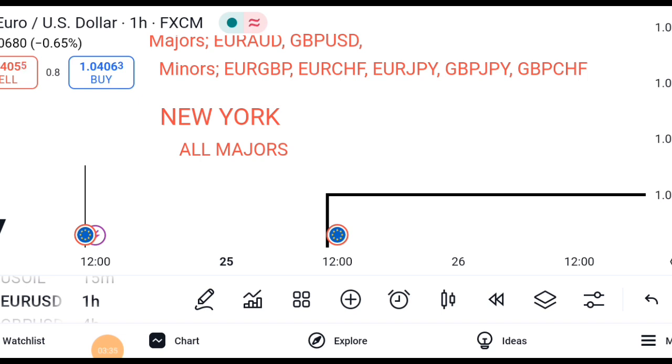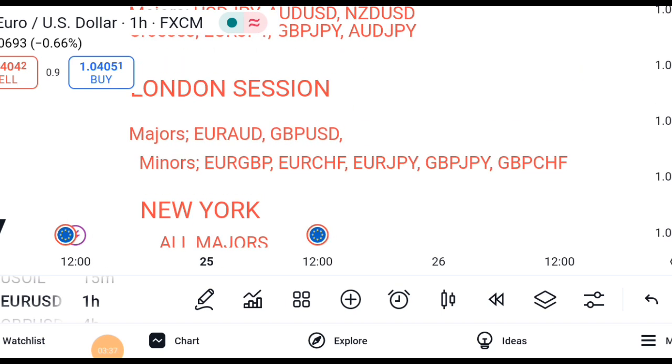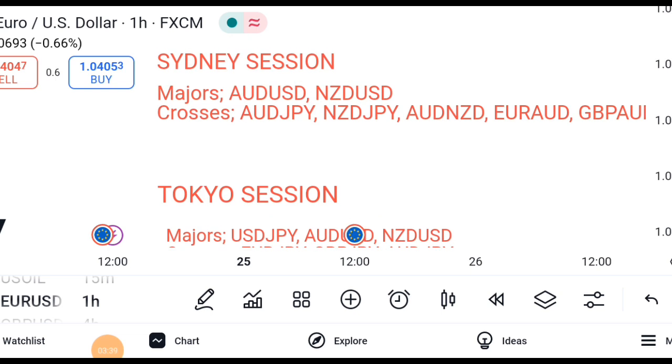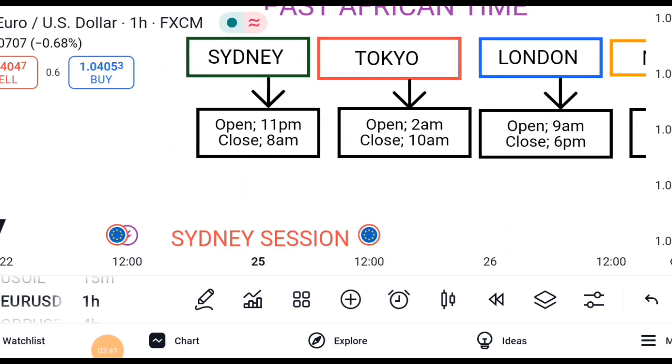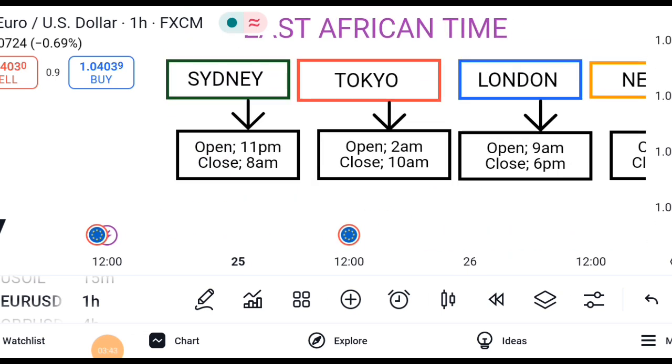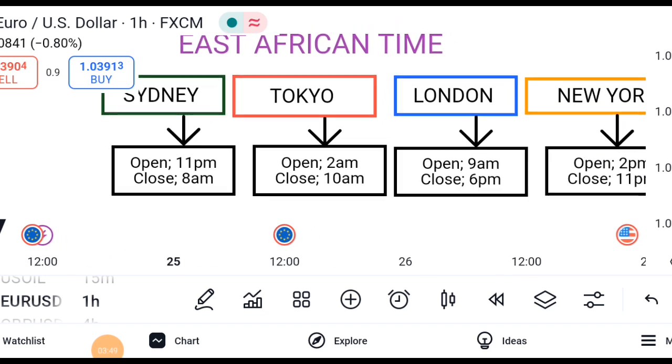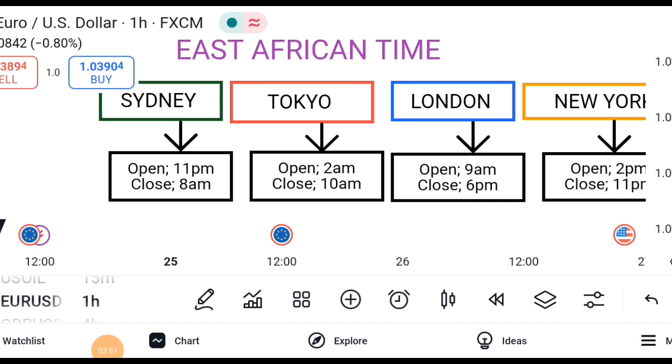So the high volatility sessions I should talk about are mainly these. At the opening of a session, let's say London, you find that EUR/USD and GBP/USD are really volatile, they move a lot.